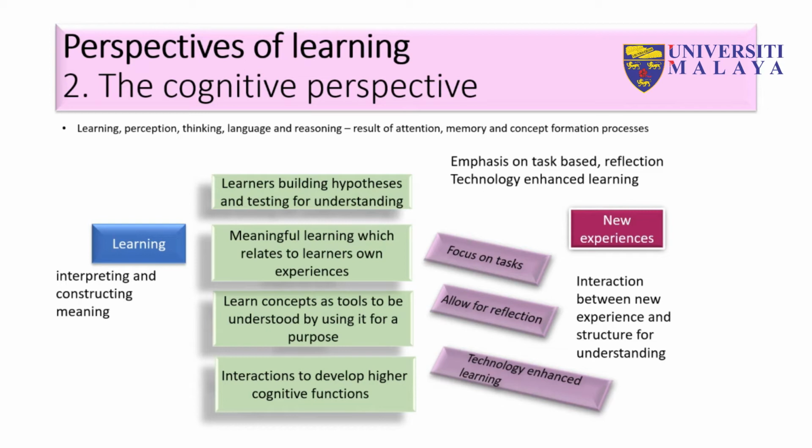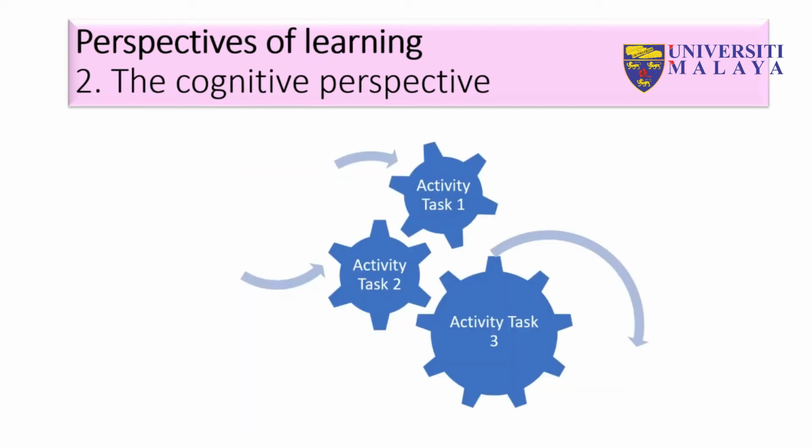When you present information, you don't present everything at once. So that first slide on cognitive perspective, that's a cognitivist approach. You arrange your information in a way that is meaningful, that comes out slowly, that can show a process and can help the learner to relate.